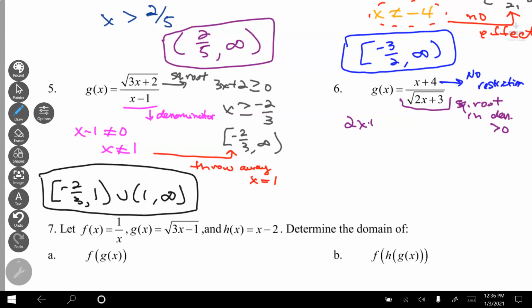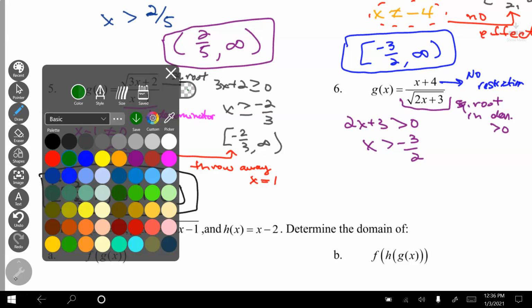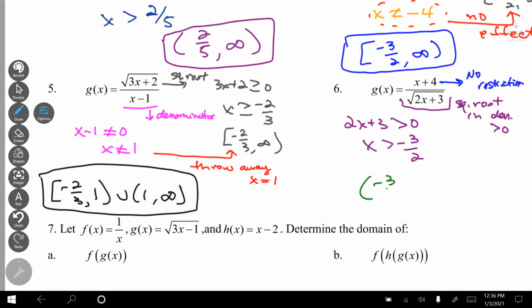So 2x plus 3 is only greater than 0 because I can't have it equal 0 in the denominator. And then I subtract 3, divide by 2, and I get my final result of parentheses negative 3 over 2 to infinity as my domain.